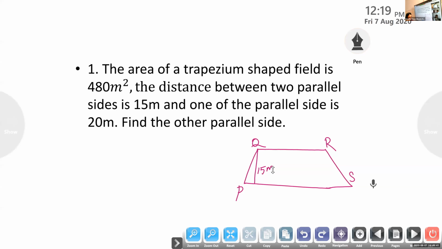One of its parallel sides is 20 meter. Find the other parallel side.